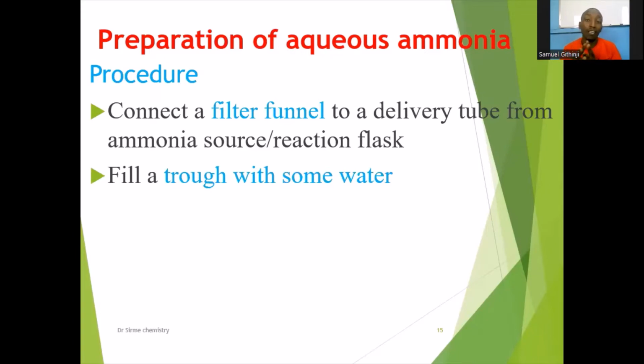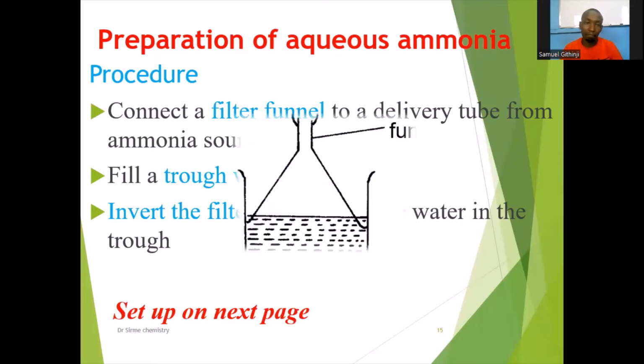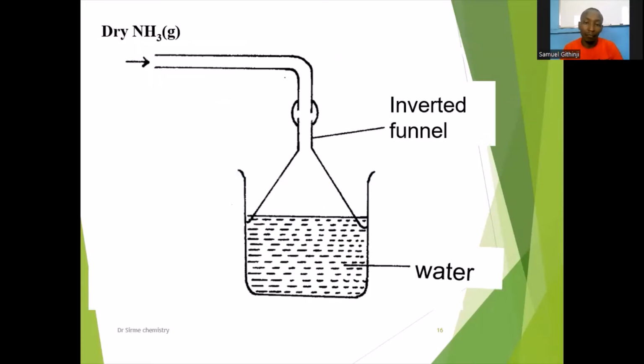Then you have a trough containing some water and invert the filter funnel on the water in the trough. And the setup, as you can see, look at that. This is very important because the question will always be asked, why do we use the filter funnel? Good, and that one we're going to explain shortly.